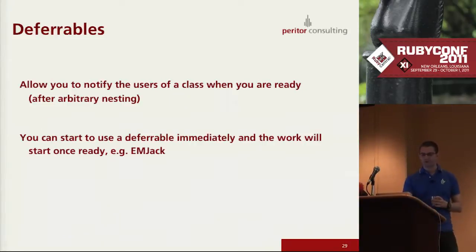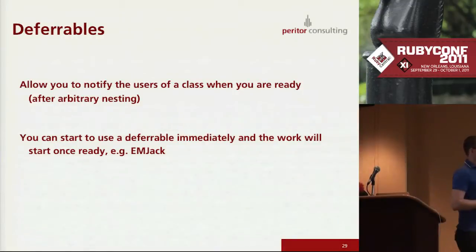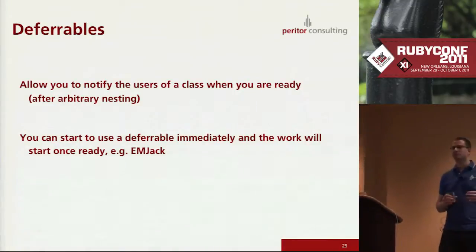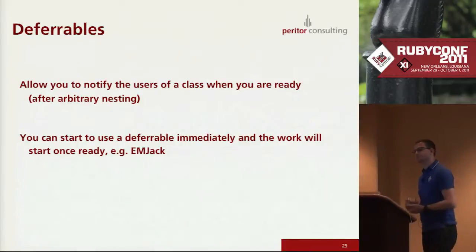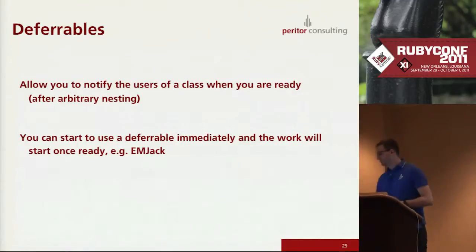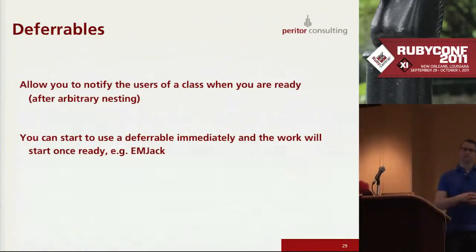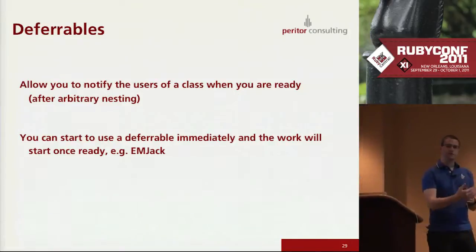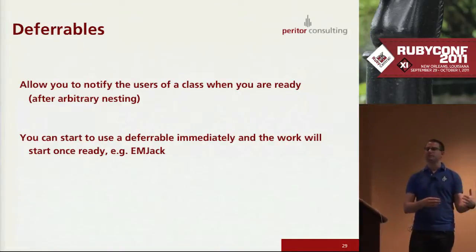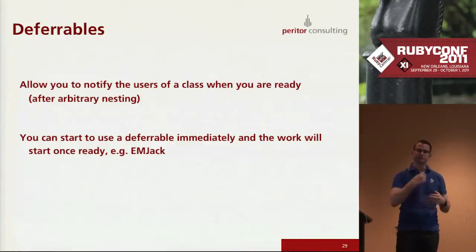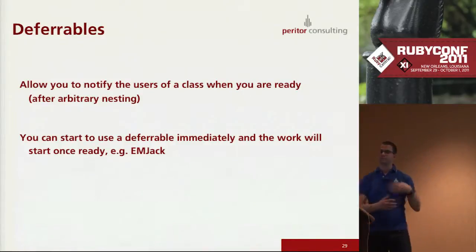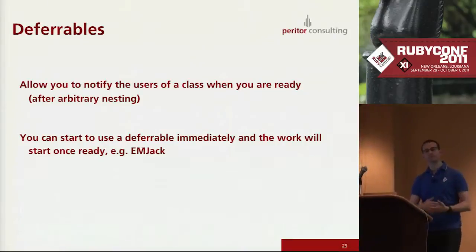For example, the EM-Jack library, which is the Beanstalk implementation of an EventMachine client, uses deferrables in order for you to be able to instantly use the class without even having a connection established. Because you're just registering callbacks on the class, and once the connection is established, all callbacks will fire, so the commands will be executed, and you get the result back.